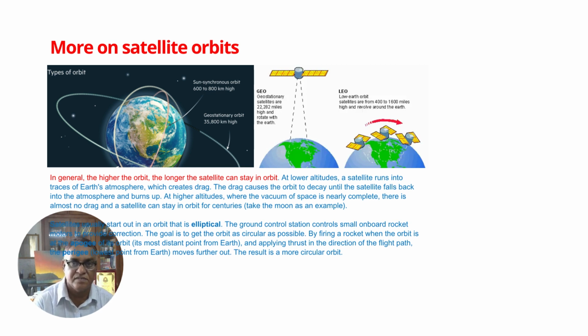To attain these orbits, the rockets are fired when they are in the elliptical orbit, and gradually they are brought into whatever orbit they are designed to fly, that is LEO, MEO, or GEO orbits.